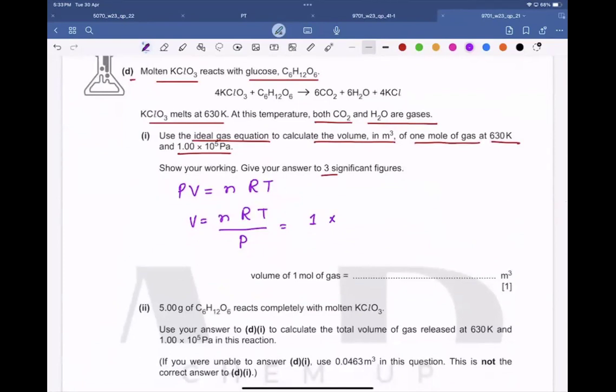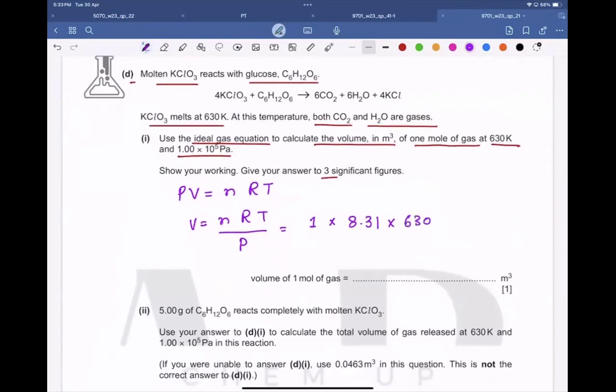Its value is 8.31 times temperature. Temperature is always taken in Kelvin and they have provided you the temperature in Kelvin, right? So 630, and then divided by pressure. Pressure is always taken in pascals, and they have provided you the pressure in pascals. So 1 × 10^5. Can anyone calculate the answer?